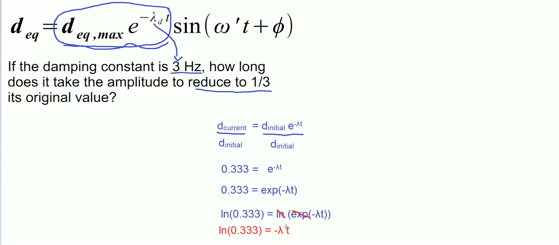Now, with that being said, we can use this very quickly to find the time that we need. The logarithm of 0.333, or 1/3, whatever you want to use, actually gives you a number. The logarithm of 0.333 gives you a literal number of negative 1.0996 or something like that.